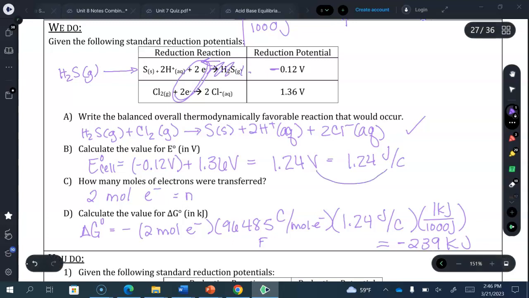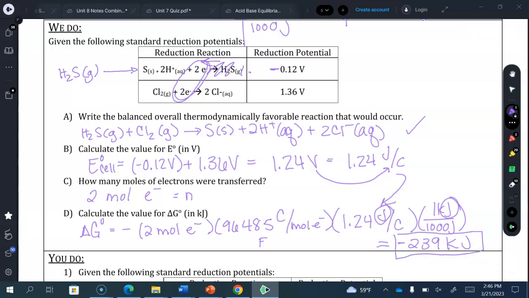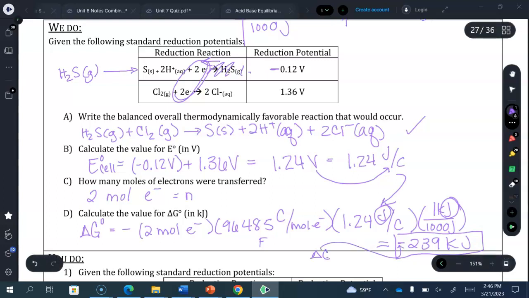Finally, I can change the units to joules per coulomb and plug that in for my potential. I'm also throwing in my conversion factor to change joules to kilojoules. And so you should end up with negative 239 kilojoules for this reaction. So that is also thermodynamically favorable because delta G is negative.